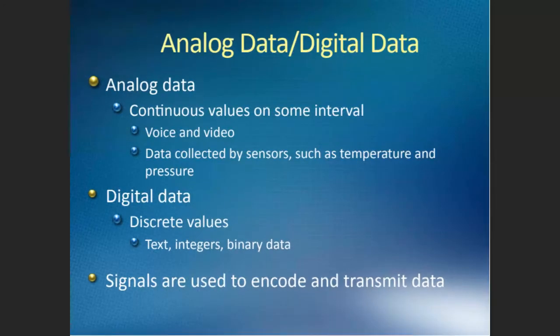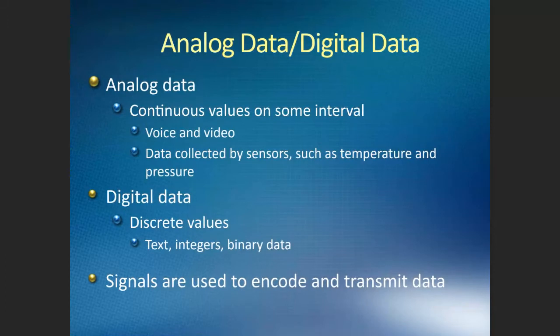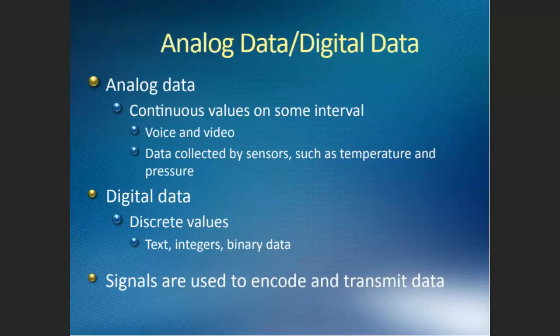Then we have data collected by sensors also, such as analog temperature and pressure sensors. Digital data are discrete values, such as binary data and integer numbers, like 0, 1, 2, 3. This is integer. Signals are used to encode and transmit data.